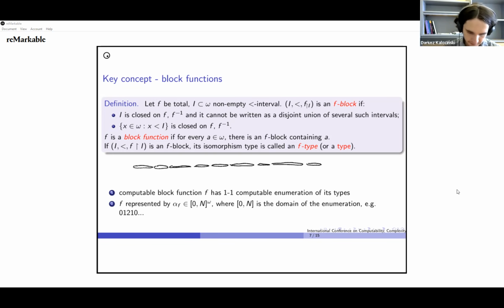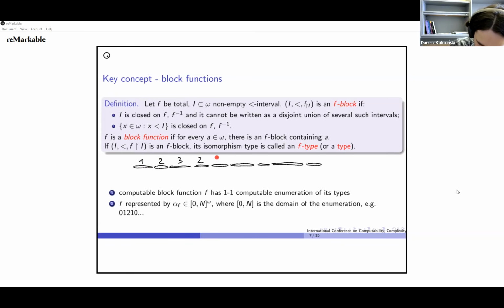Okay, suppose that you have such a 1-1 computable enumeration of types, then you can conveniently represent the function by a sequence of numbers which are names for the types. So in this enumeration we enumerate the first type, then we see another type, it gets name 2, then you have another type, maybe then some type repeats, and it's 2.